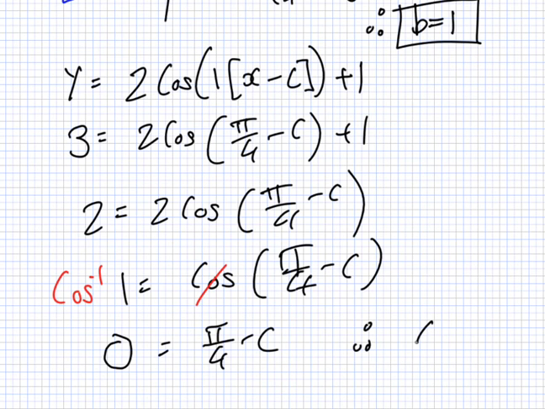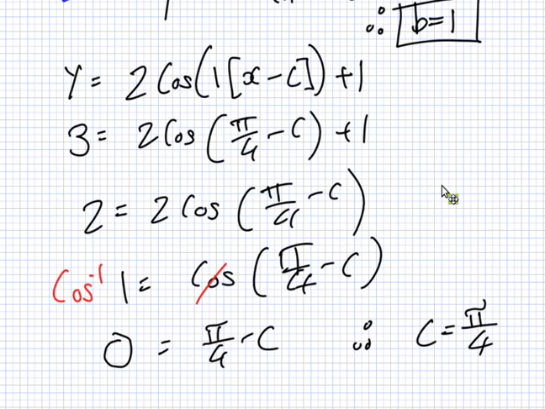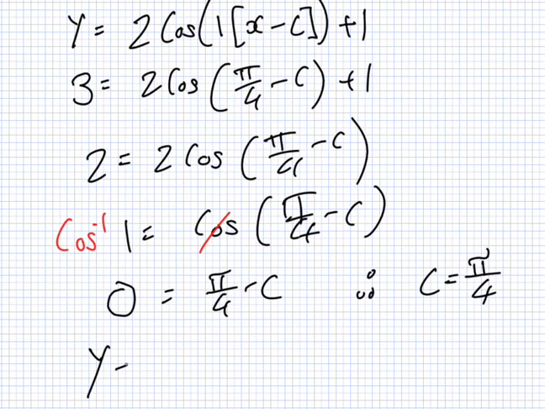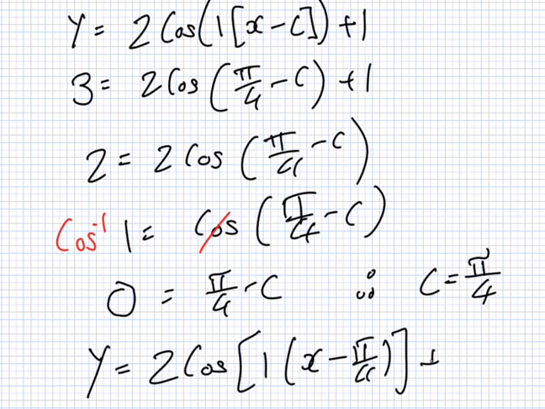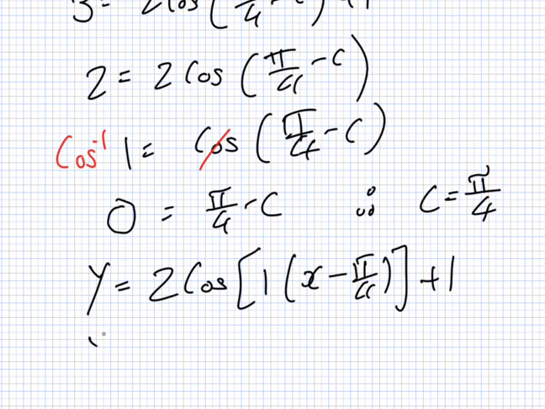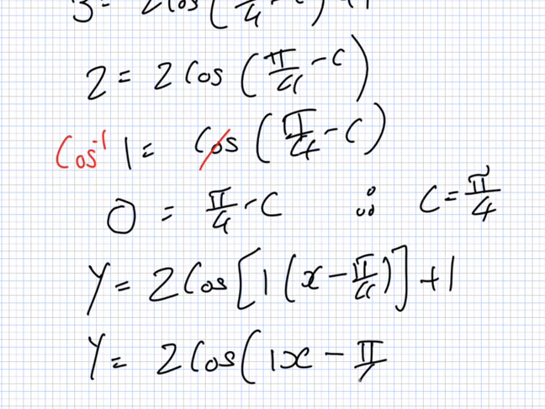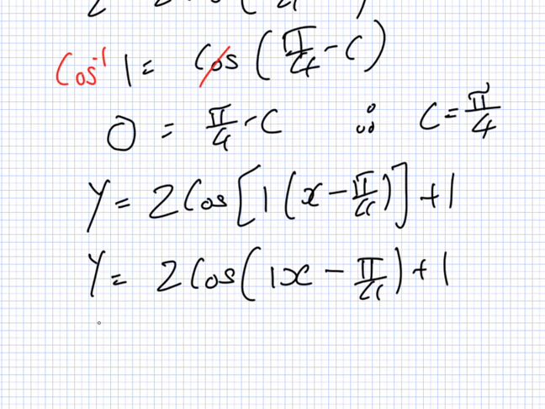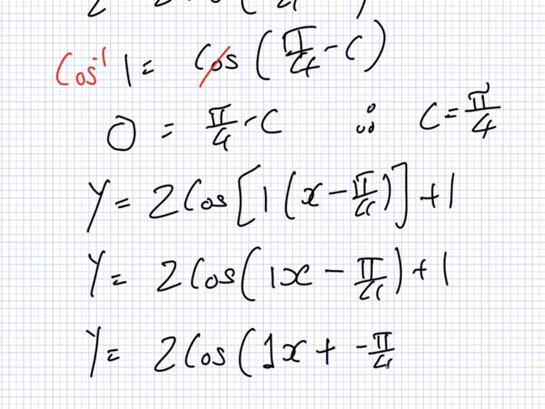So therefore c equals pi over 4. So now that I know the c, I can have y equals 2 cos 1x minus pi over 4 plus 1. Or in other words, y equals 2 cos 1x plus minus pi over 4 plus 1.